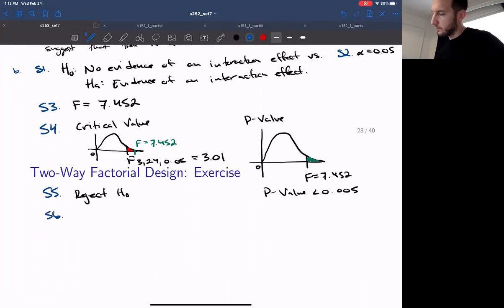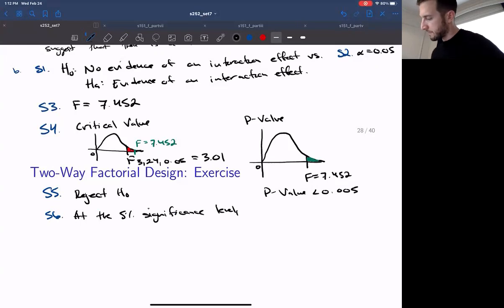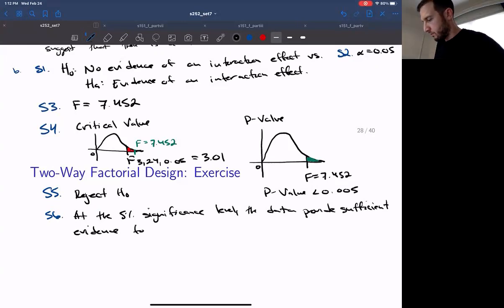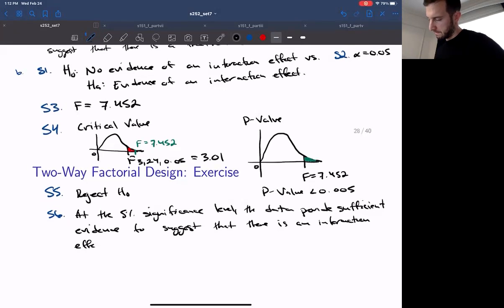And then on step 6, we can conclude by saying at the 5% significance level, the data provide sufficient evidence to suggest that there is an interaction effect.